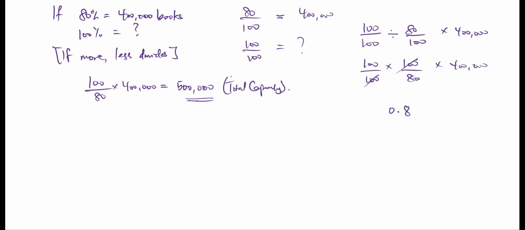You end up with 0.8, or you can rewrite it the way you divide. Now you have 100 over 80.